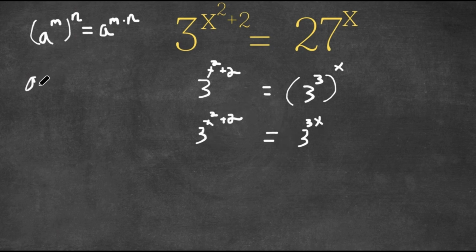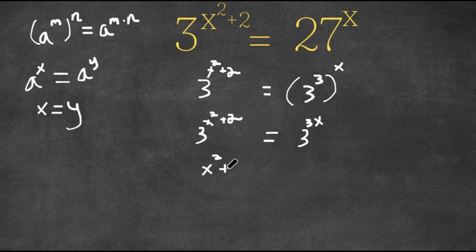Because if we have a to the power of x equals a to the power of y, this means that x is actually equal to y. So that means that x squared plus 2 is equal to 3x.